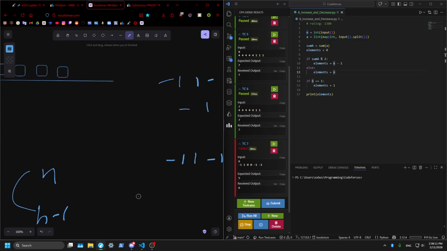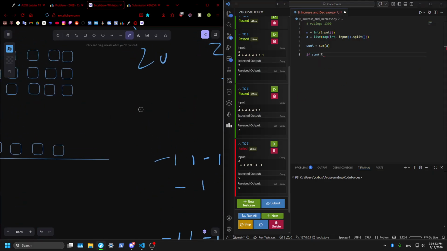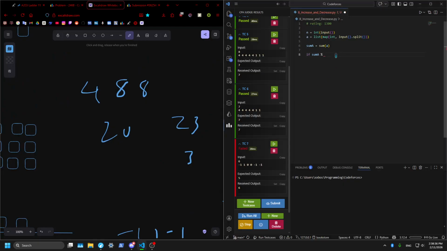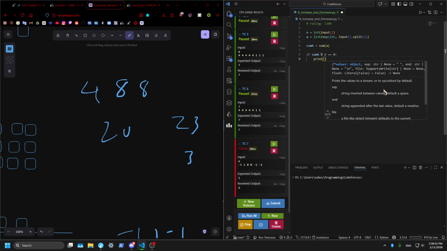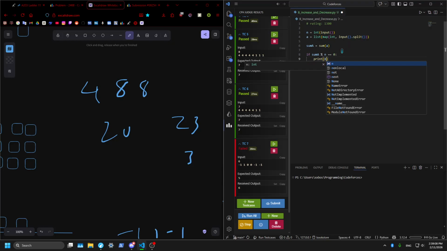So you can either make n or n minus 1, which means we can do something like: we can keep the sum; if sum a mod n equals 0, print sum a divided by n, else print n, else print n minus 1.